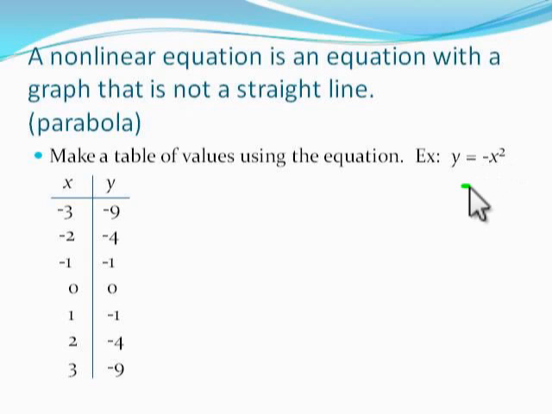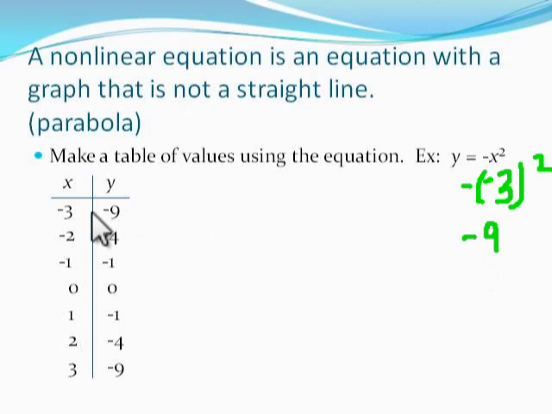In other words, when we fill in that -3 value, this is really what it looks like. So we have -3 squared, that's 9, and the negative sign is still here.